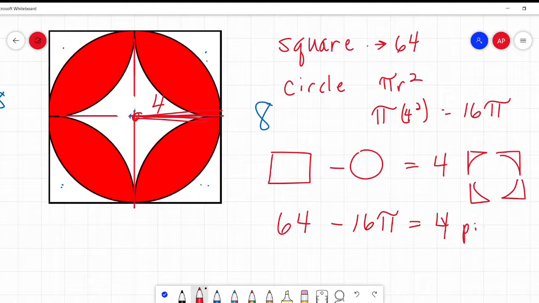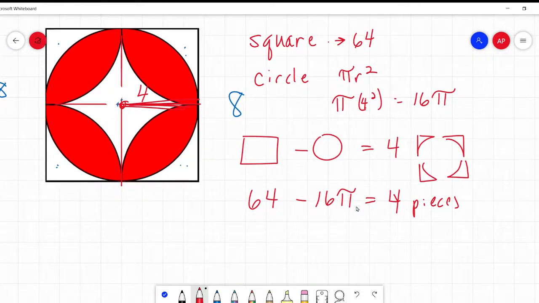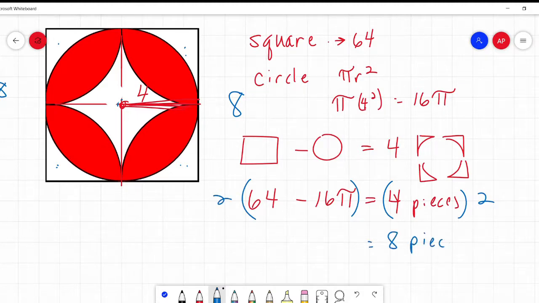Well, I have 8 white pieces total. So what's the area of the 8 white pieces? I would multiply the area of the 4 pieces by 2 to get 8 pieces. I know this isn't a standard equation, but I'm just trying to make it very visual here: it would be 128 minus 32 pi. That's the area of the 8 white pieces.